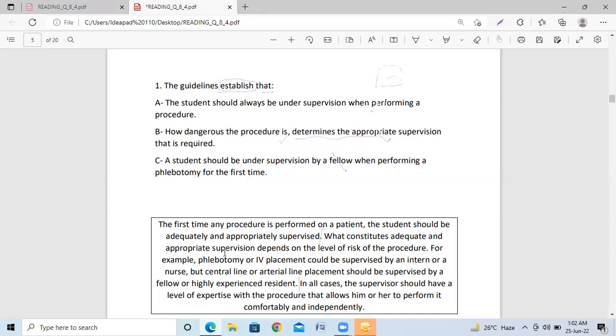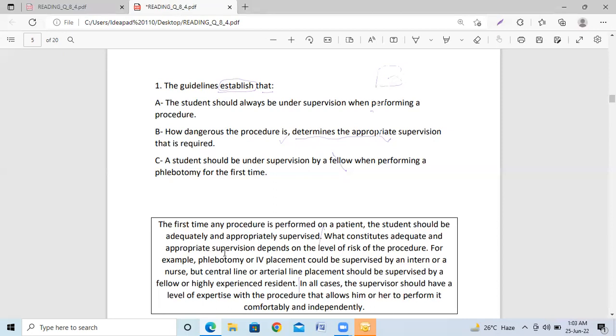It means these two procedures cannot be supervised by an intern or a nurse. For such procedures, a fellow or a highly experienced resident is required. In all cases, the supervisor should have a level of expertise with the procedure that allows him or her to perform it comfortably and independently.